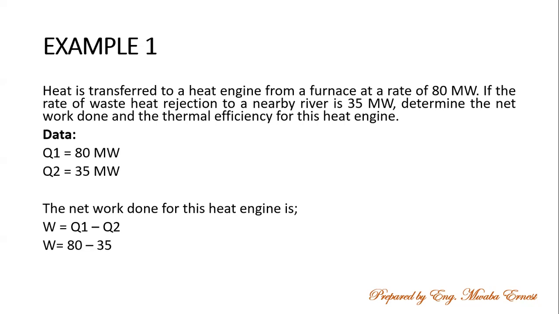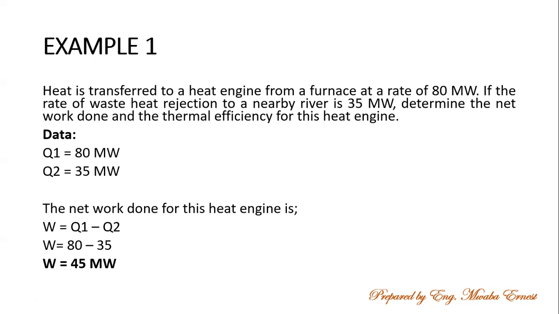So there we are. We're saying 80 take away 35. Now 80 minus 35, the answer is therefore 45 megawatts. That is the net work done. Let me go through this again. We are saying heat is being transferred from the furnace at a rate of 80 megawatts.